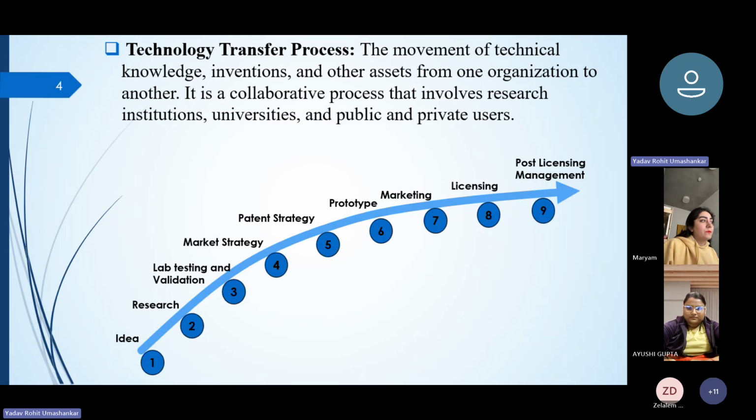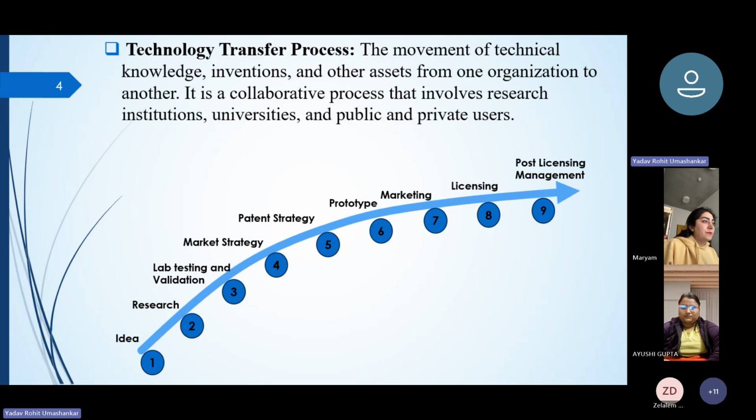Here is the roadmap of how this technology transfer generally takes place at the society level or at the industry level. Basically the same thing: you have some idea, you do some research, you do some lab testing and validation of your idea, then you develop some market strategy, and you get to know whether this invention or idea has some market value or not. Then you work on the patent strategy of that idea or invention.